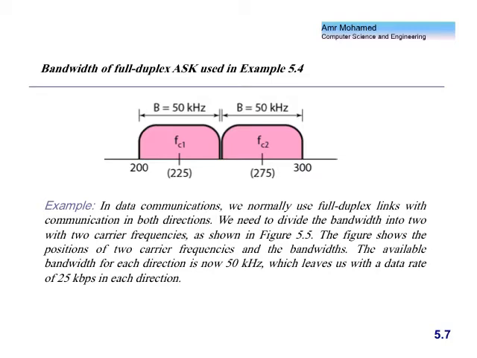And you can separate one from the other easily by using a filter, right? But in that case, the exact same bandwidth I used, which is 100 kilohertz, I used for one direction, which resulted in a bit rate of 50 kilohertz. Now it's used for two directions, right?